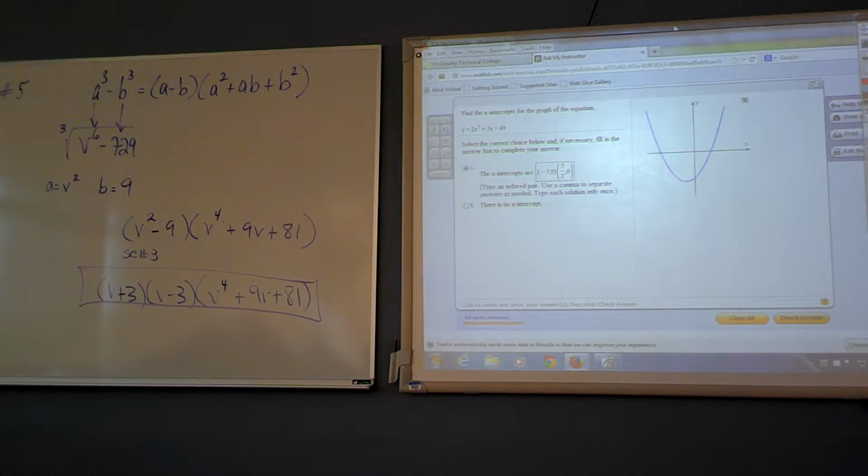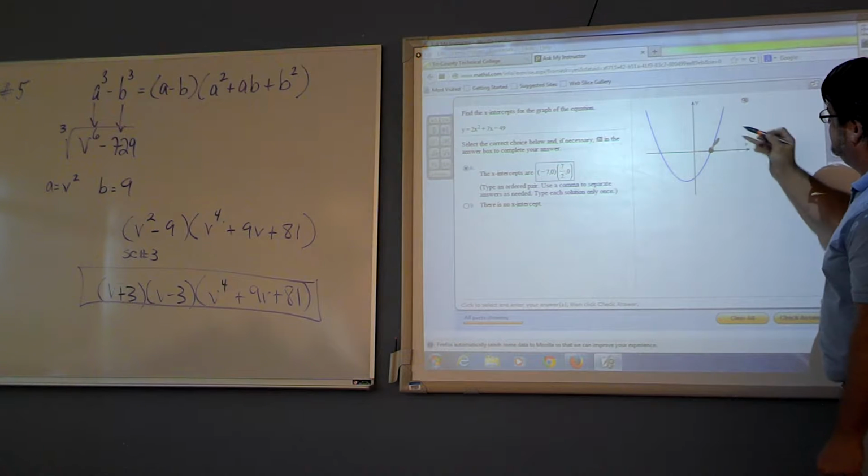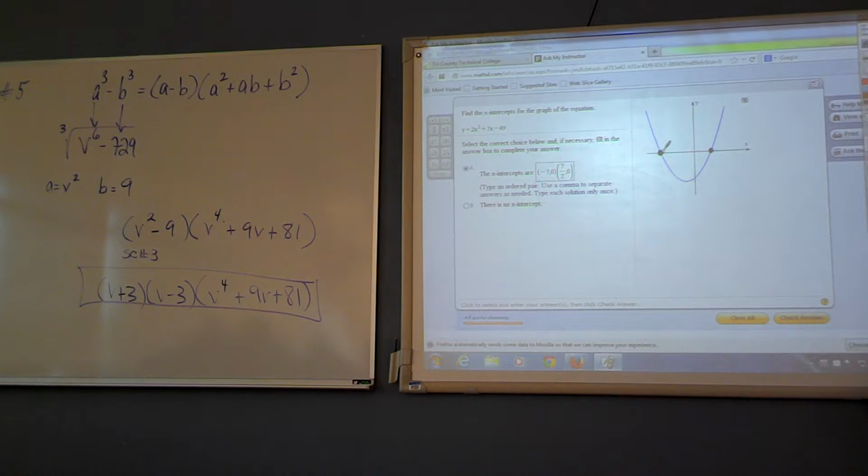Now, what you're trying to find is this guy right here and this guy right here. In this class, you're doing it with factoring. By the end of this class, I will teach you completing the square. I'm not gonna teach you the quadratic formula because it's useless.